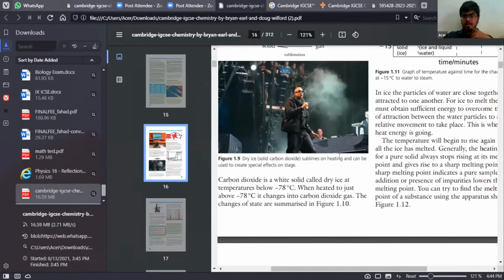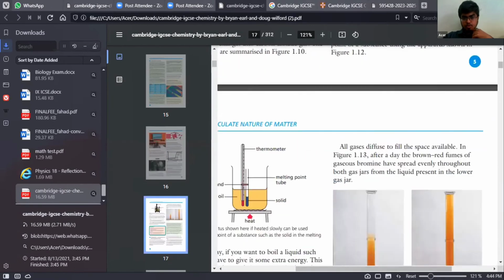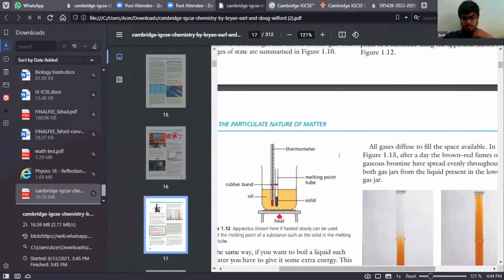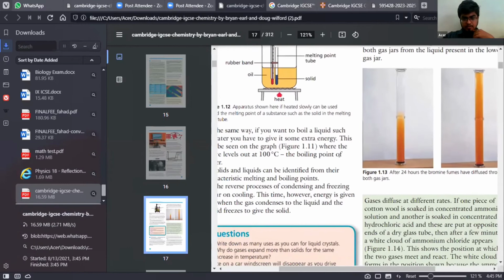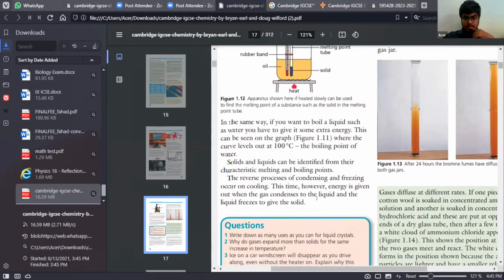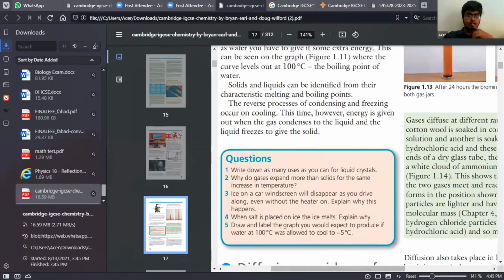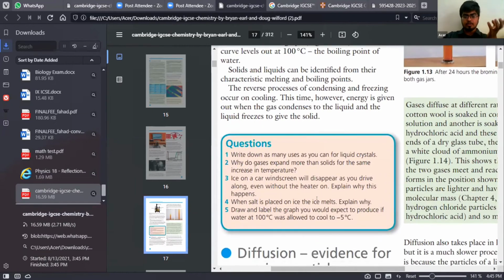That's what it means basically. Basically, it's like ice. Like ice is what liquid crystal is.